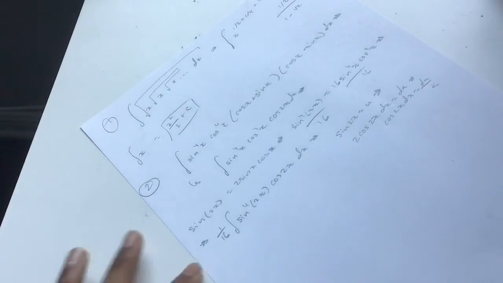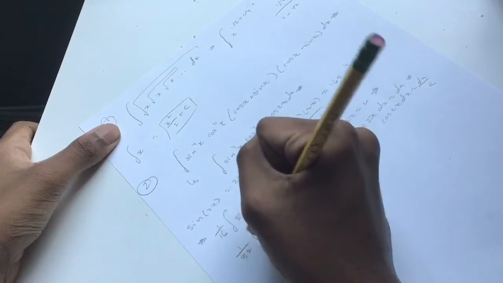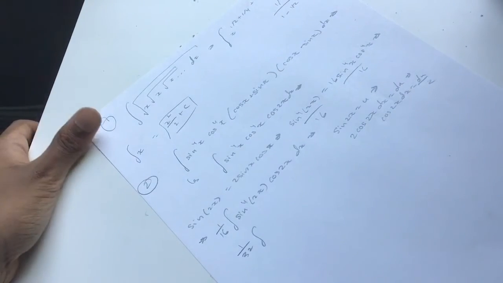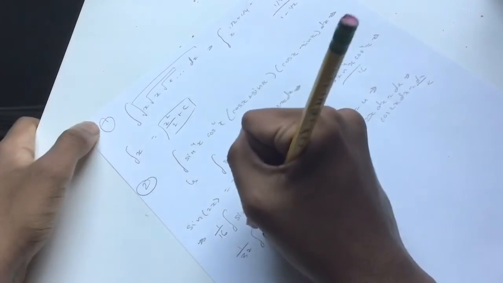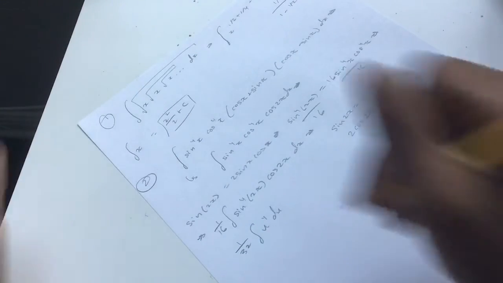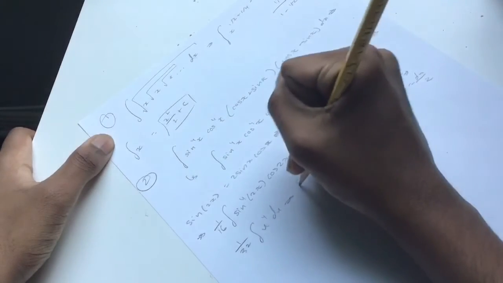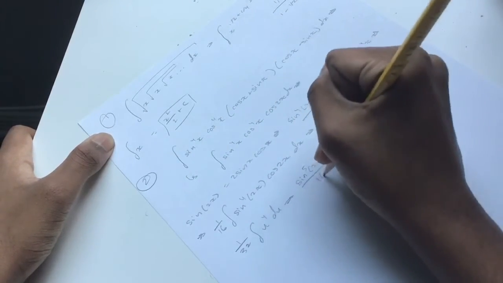So this becomes 1 over 32, the integral of u to the power 4 du. Okay, so we have u to the power 5. What is our u? So we have sine to the power 5 of 2x over 160 plus c.